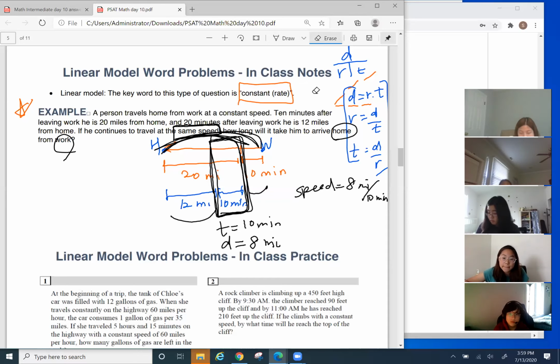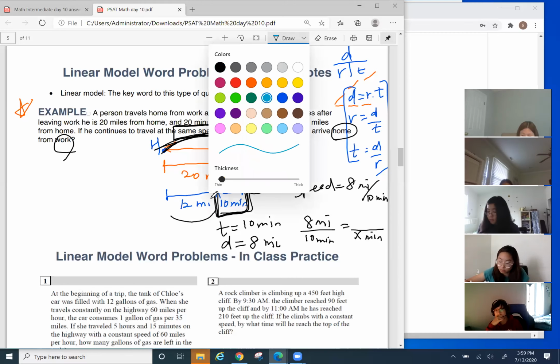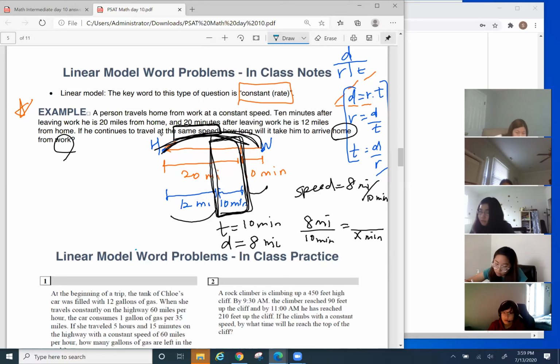If you're going 8 miles per 10 minutes, then how long does it take to go the total miles from work to home? The total is 20. Where is 20? From here to here is 20.